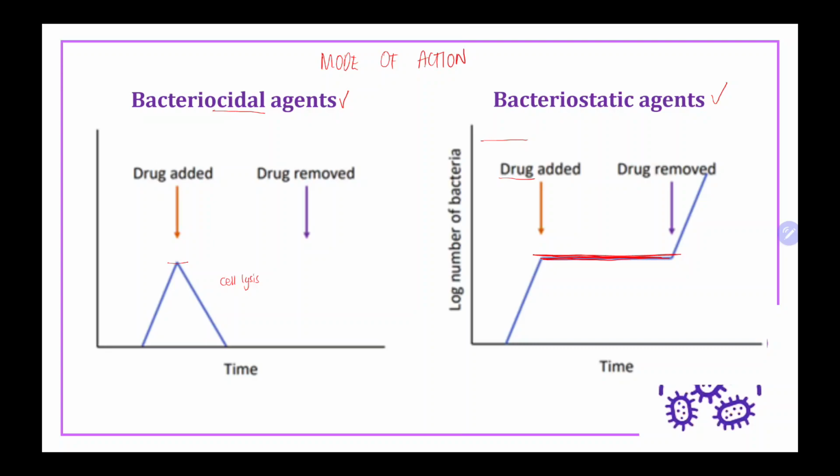Meaning to say, it only stops the growth of the bacteria. But once you stop taking the drug, it would continue to increase its growth in the host, unless the host immune system is able to kill off the microorganism during its stationary phase.